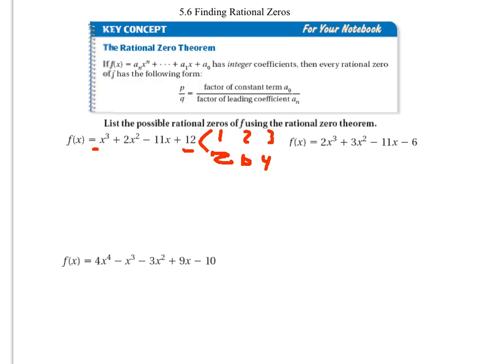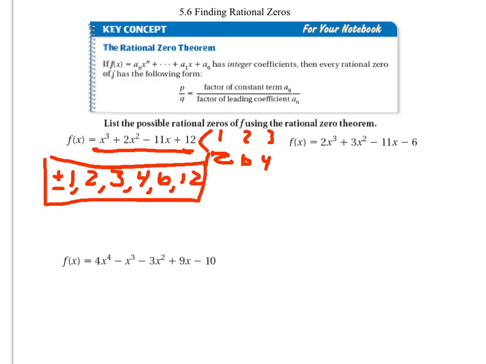So the possible factors would be plus or minus 1, 2, 3, 4, 6, and 12. Those are the possible zeros that we could take out of this equation. And that's done.